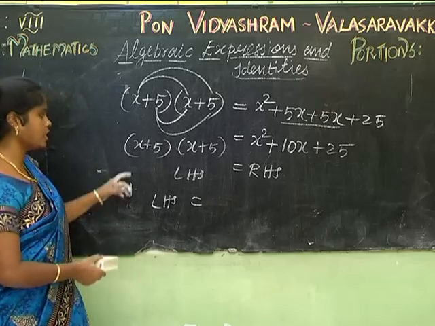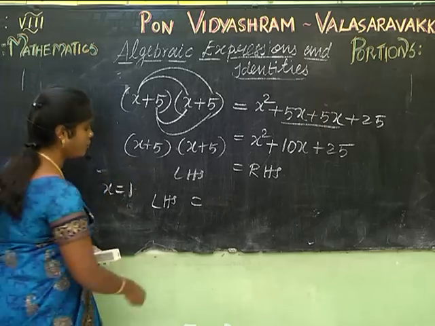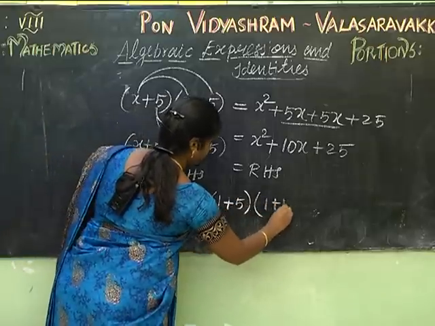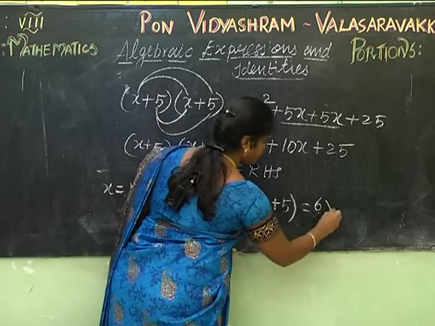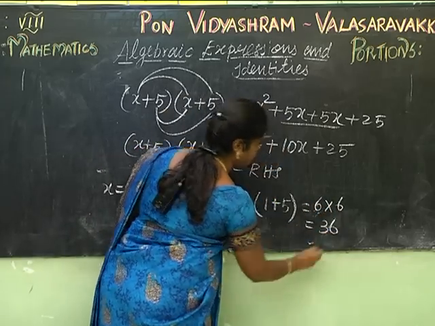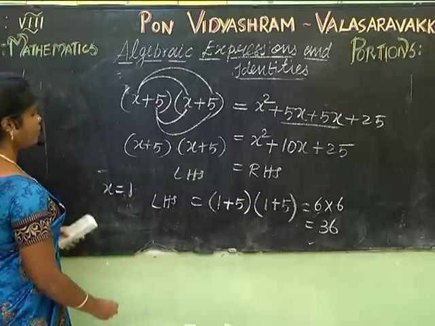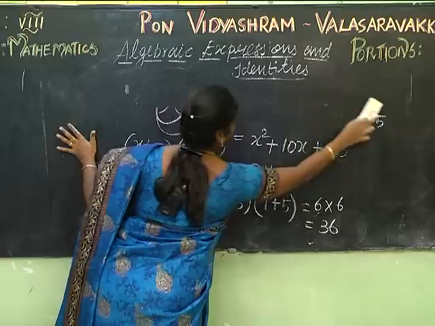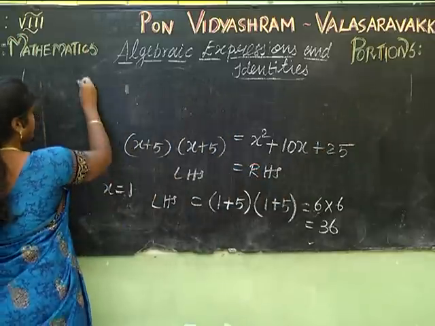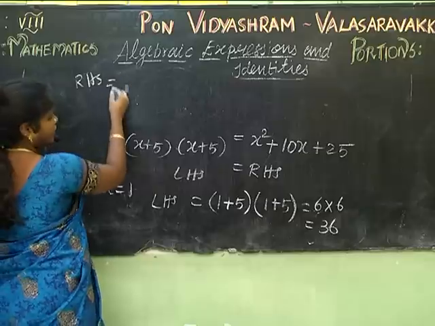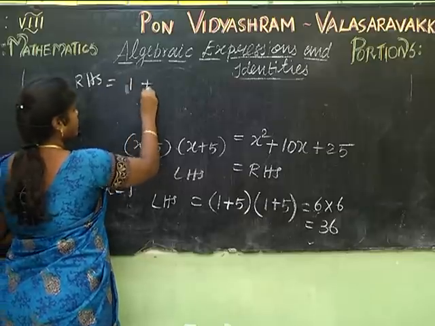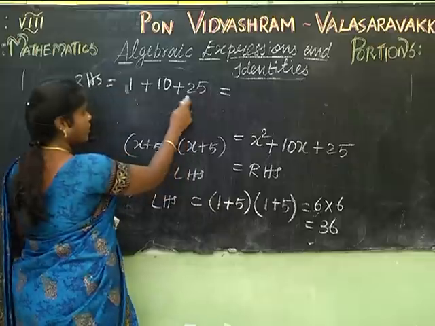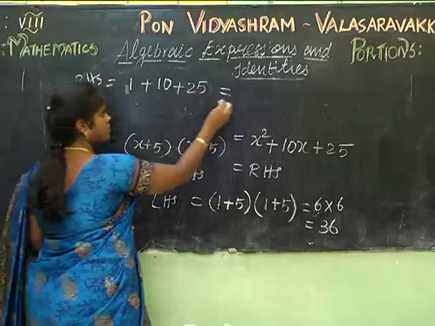If you substitute x equal to 1 in this expression, what will you get? 1 plus 5, 1 plus 5, so 6 into 6, 36. So your LHS value is 36. Now we will find the value of the RHS. The value of x is 1, so 1 square is 1, 10 into 1 is 10, plus 25. So 25 plus 10, 35, 35 plus 1 is 36.